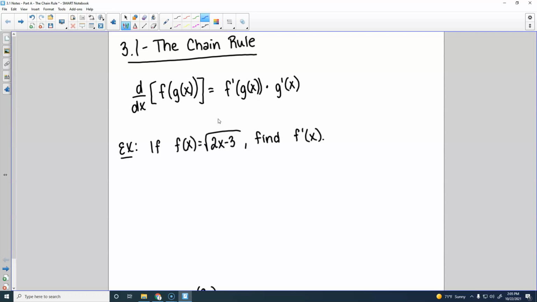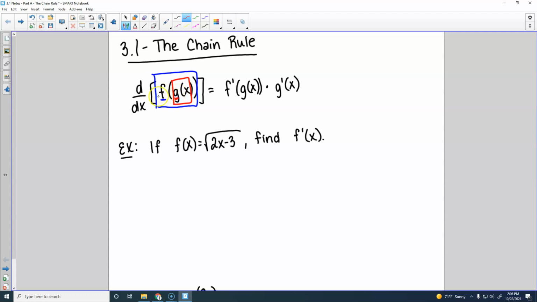Sometimes, if we really need to do a difficult problem, there might be 3 times you have to use the chain rule. The outside function is like your outside box, so that would be the F in this case. And then the inside function is your inside box. In this case, it's your G.